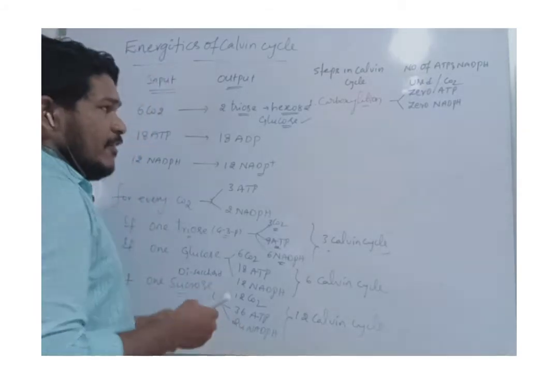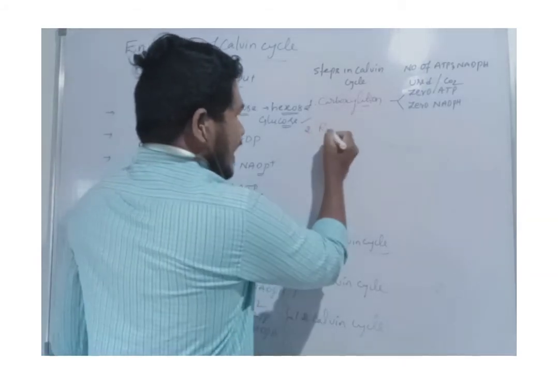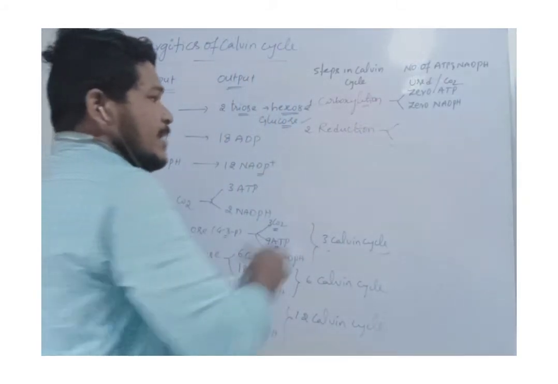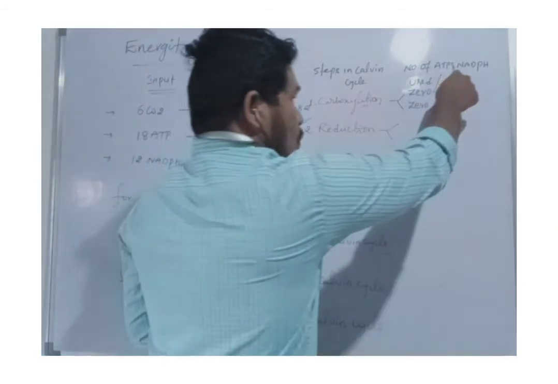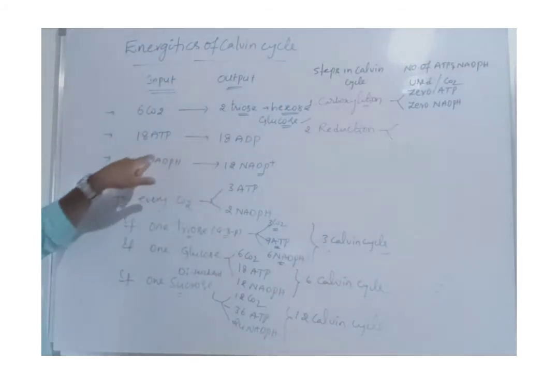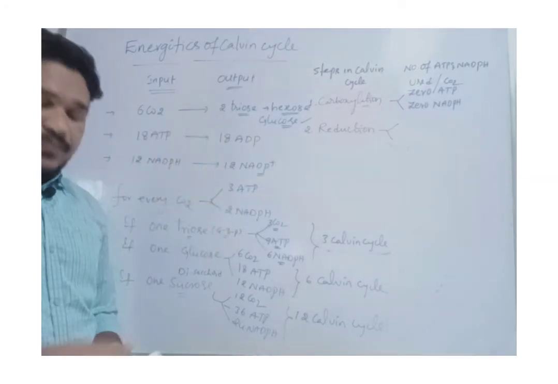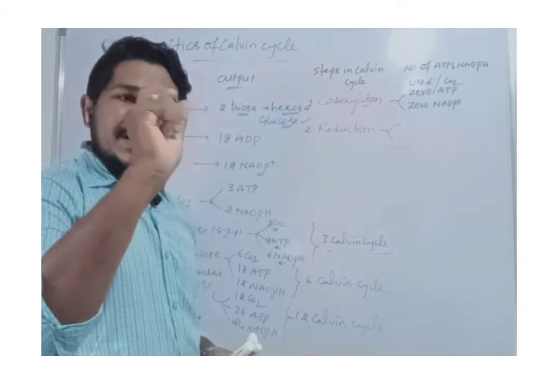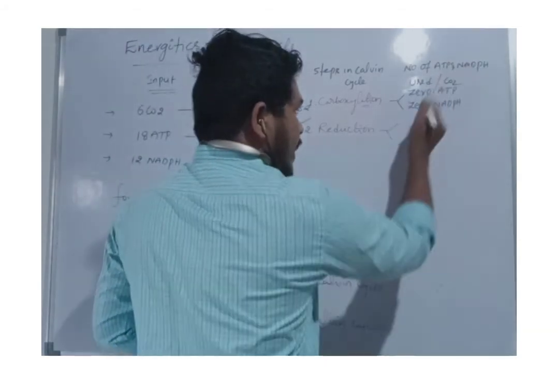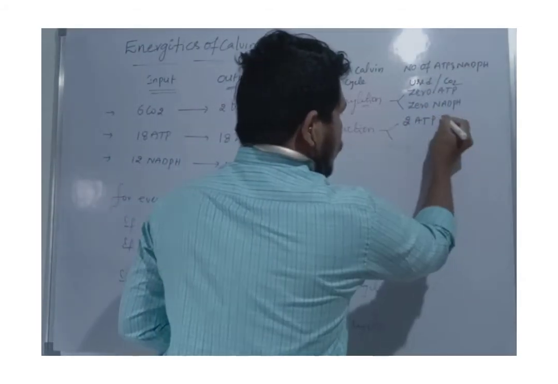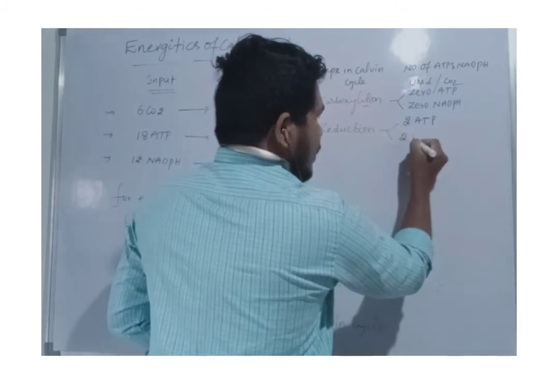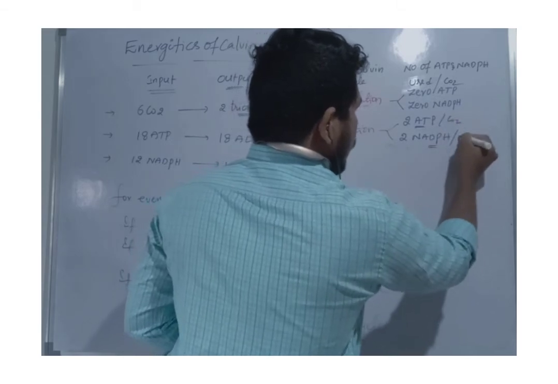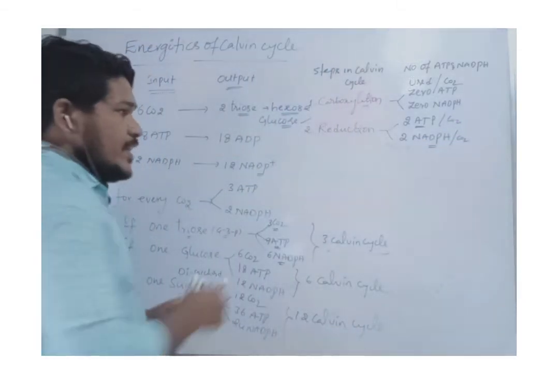If we observe the second step of the Calvin cycle, that is the reduction step. In the reduction step, how many ATP molecules are required for one CO2 fixation? Here 12 NADPH molecules are involved in the reduction phase of the Calvin cycle for the formation of 12 glyceraldehyde 3-phosphates. So for each CO2 molecule, 2 ATP molecules and 2 NADPH molecules, that is 2 ATP per CO2 and 2 NADPH per CO2 in the reduction phase.